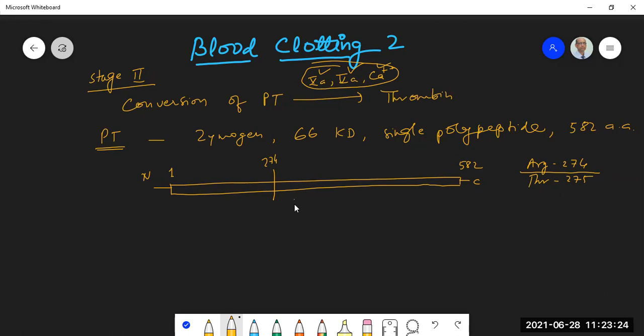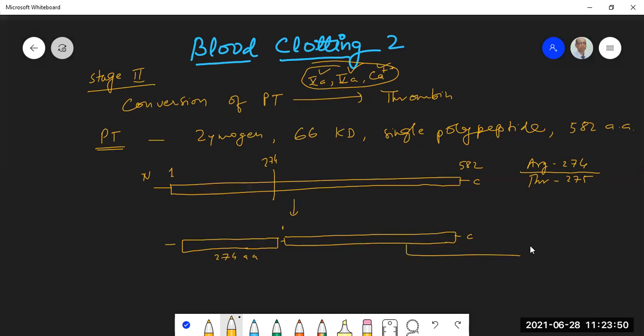So what do you get? You get two fragments. You get an N-terminus 274 amino acid fragment, and you get a remaining fragment. This now becomes amino acid number 1. This is the new N-terminus, and this is C-terminus. So this is about 32 kilodalton.